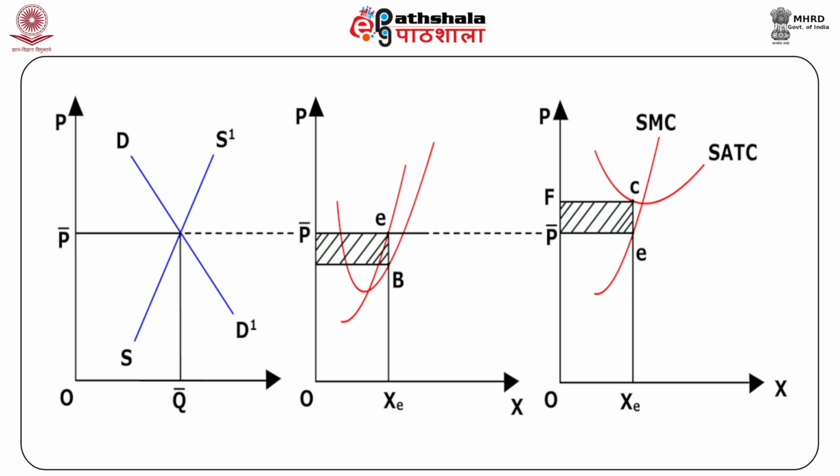If we multiply CE with the total output OXE, then we find the shaded area, which can be defined as FCE P bar, and this shaded area tells us the loss.